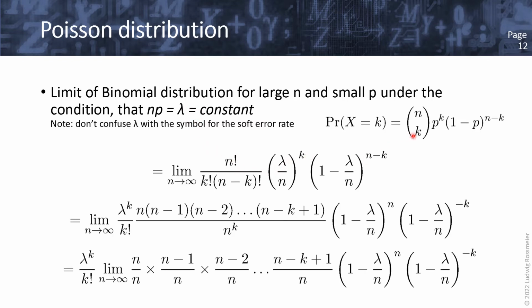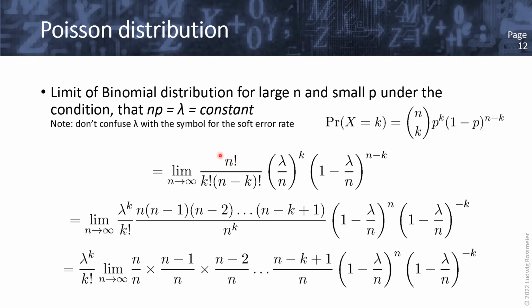This looks like here. The binomial coefficient is replaced by the usual formula. The p is replaced by lambda over n, also here. Since we talk about large n, we can use here the limit for n going towards infinity. In the next step, I put here the lambda to the power of k in front of the equation, and the factorial of k will be put here.